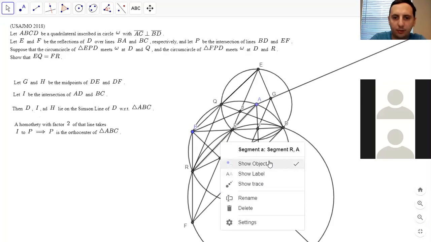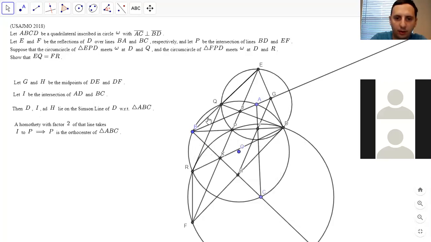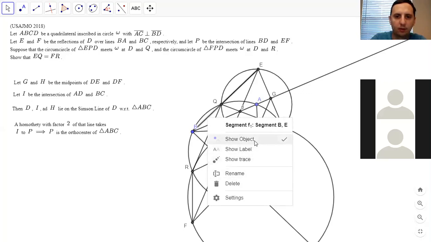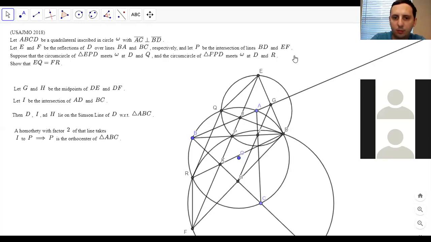So I'm going to hide everything we don't know, and then I have to prove it all. So we don't know that yet, and we don't know this yet. But we could start by saying P is the orthocenter. I don't think I've drawn anything else. Actually, we don't really know that these concur, right? So I kind of just drew that. But I think we can use facts about the, let's see, CP cuts the circle at Q prime. Okay. Yeah, that's a good point.